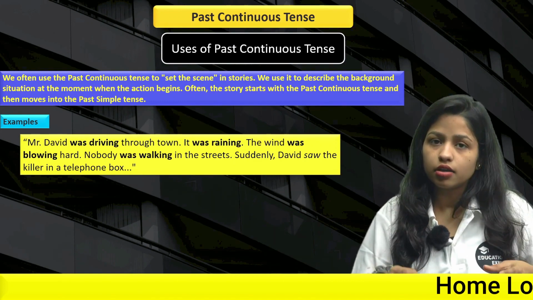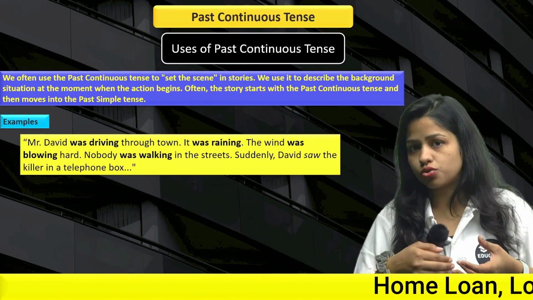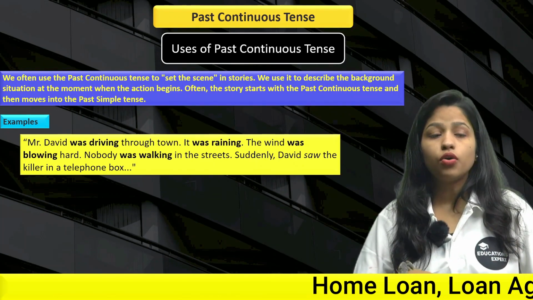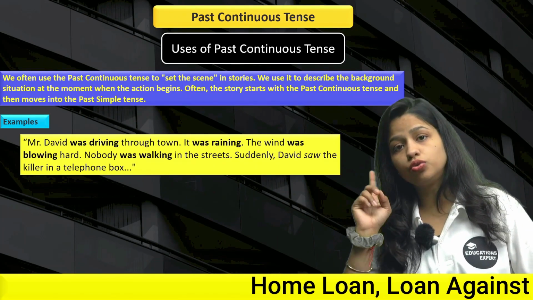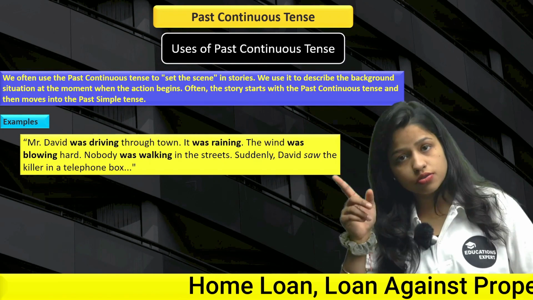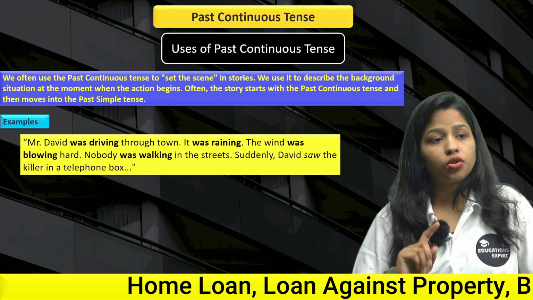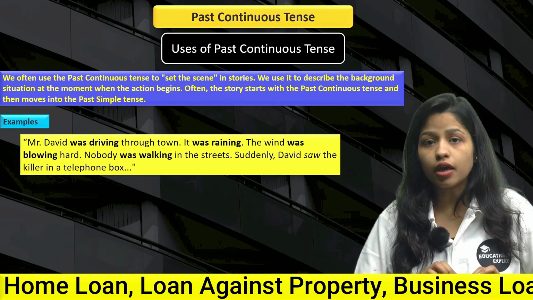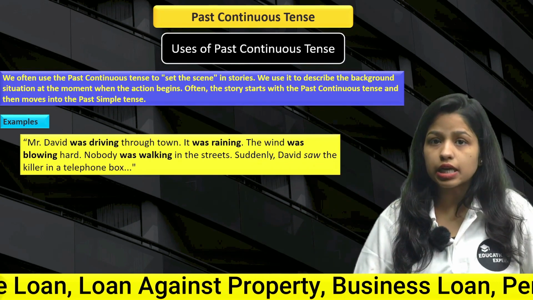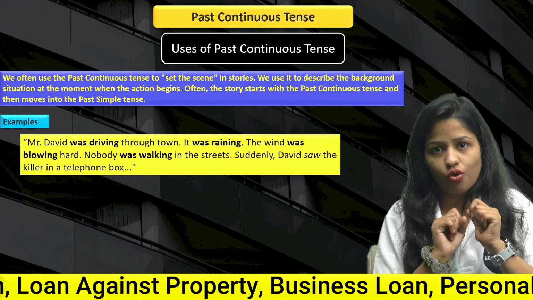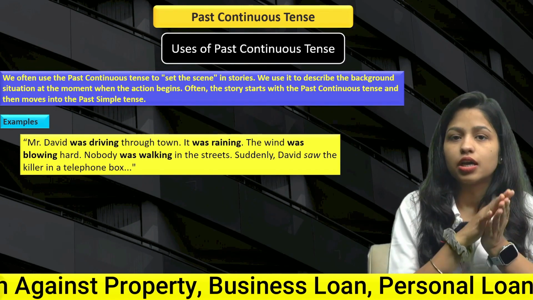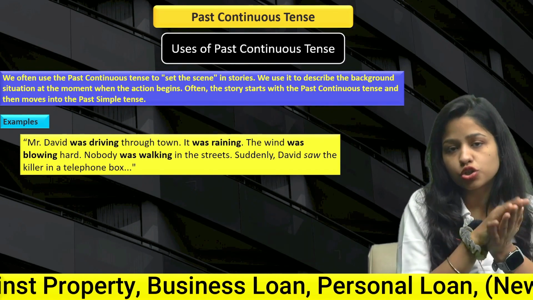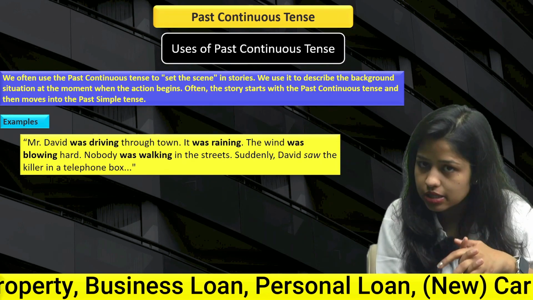So that thing applies to English also. How? Mr. David was driving through town. It was raining. The wind was blowing hard. Nobody was walking in the streets. Suddenly, David saw. Right? This is how beautifully you can shift from past continuous to past simple.